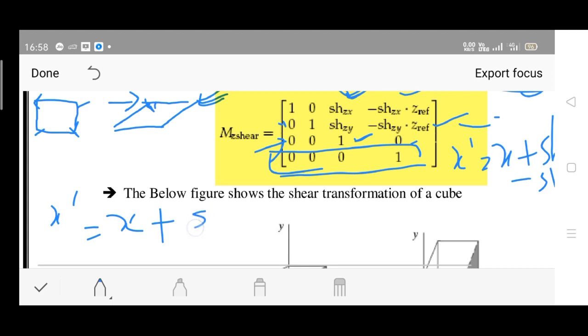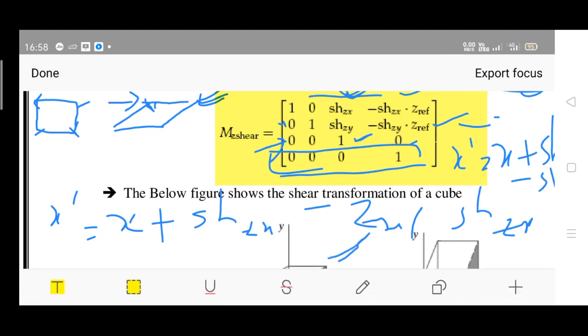The coefficient of z will be sh of zx, and there is a constant term we are going to subtract here. That constant term is z reference multiplied with sh of zx. That is equation 1. Same thing you can see here. If you know this equation, you can easily write the matrix content.